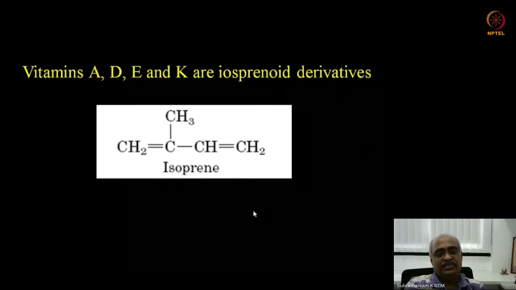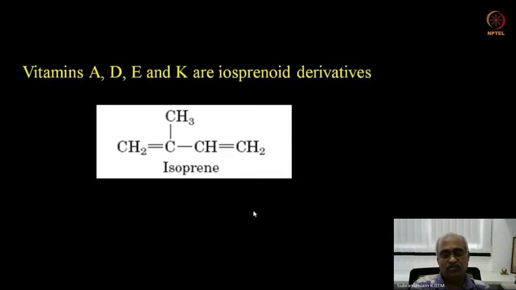Okay, the next group we are going to go to is the cofactors. We saw the signaling molecules, both paracrine and endocrine signals. Now we are going to look at cofactors. These cofactors are important for enzymatic catalysis.